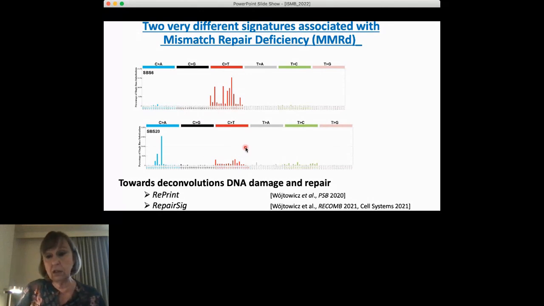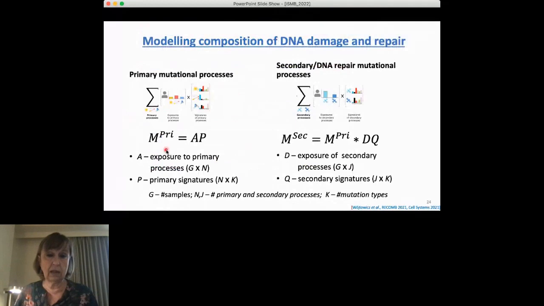To deal with that, we have to study models where, rather than using non-negative matrix factorization, we accommodate the fact that we have those two processes, DNA damage and DNA repair, that occur not independently, but one acts on the other. The DNA damage is still represented as a linear process, but the DNA repair we now model as a process that acts on those primary DNA damage steps.